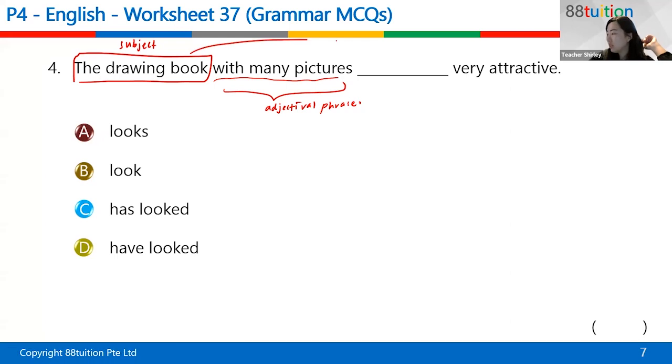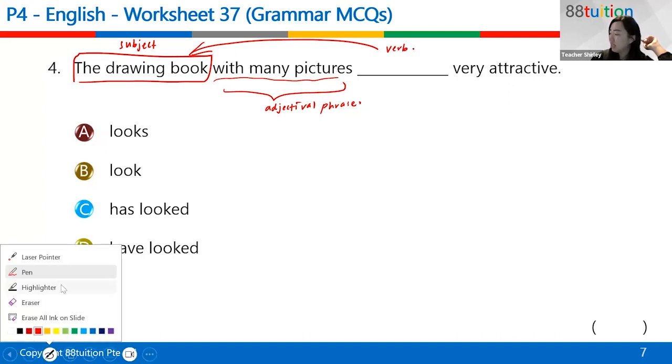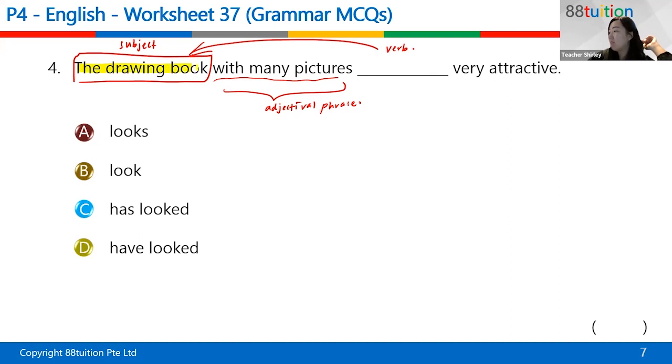So the verb must agree with the subject. This is the verb. You have to recognize that the subject is not the many pictures. The subject is actually the drawing book. With many pictures, it's just additional information that tells us more about the book.